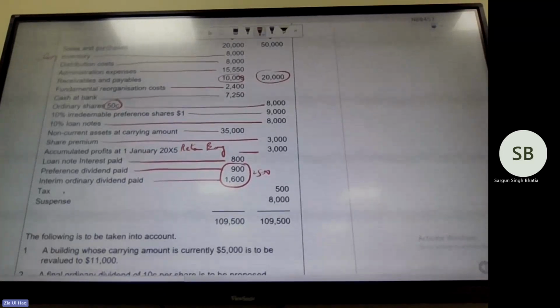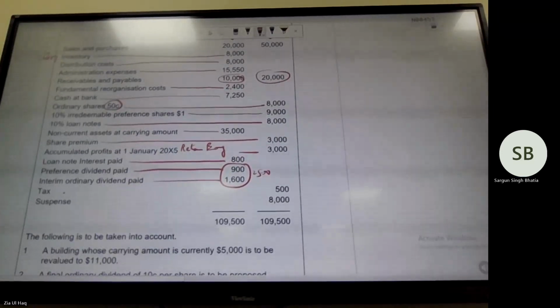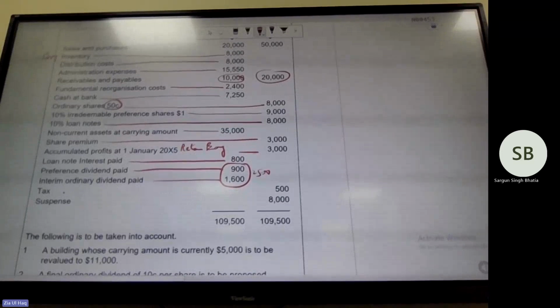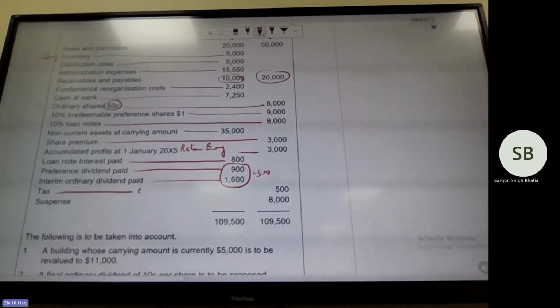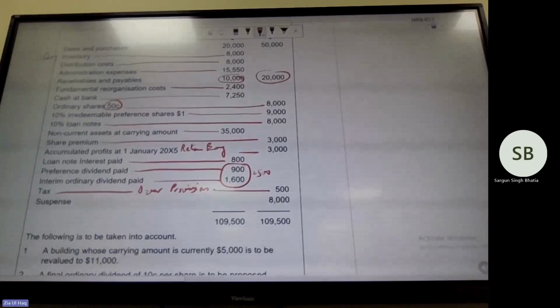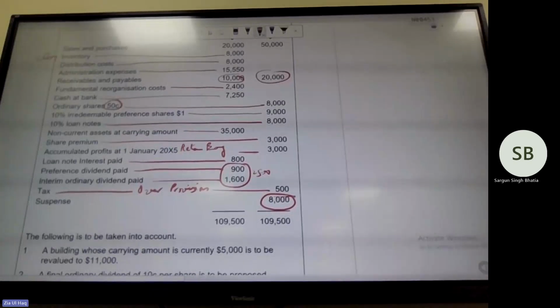In previous question, there was under provision, and that was on debit side. This is on credit side, that is over provision. This is over provision that we need to subtract from the current year tax liability. And then there is a suspense, like the balance of both sides doesn't tally and they have created a suspense account of 8,000. But to do with this suspense account, we will get some information.